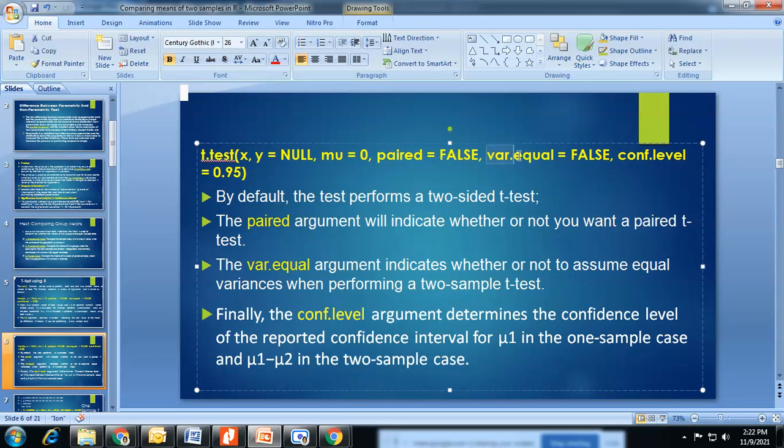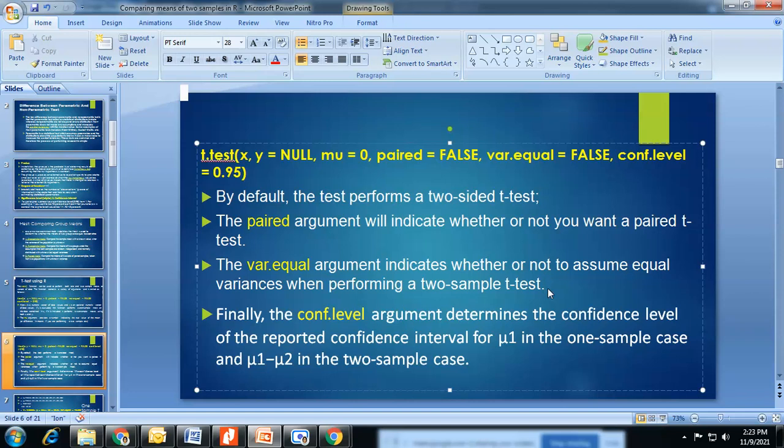Then the next argument is var.equal is equal to false. Var.equal stands for variance. The var.equal argument indicates whether or not to assume equal variances when performing a two sample t-test. When there are two samples involved in the study, like x and y, you can make assumptions about whether the variances of the two samples are equal or not equal.